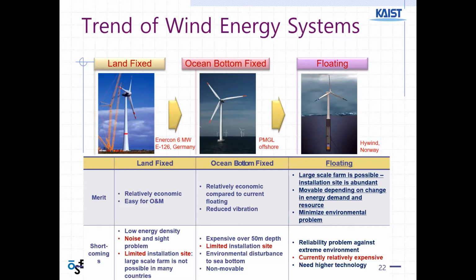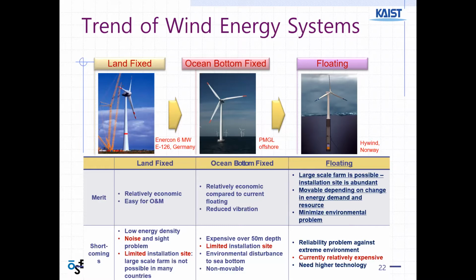And also recently, there are many complaints from people living and sleeping around the wind posts. The noise comes from the wind power rotation. So people are pushing this system toward the ocean because of the land size and the noise.